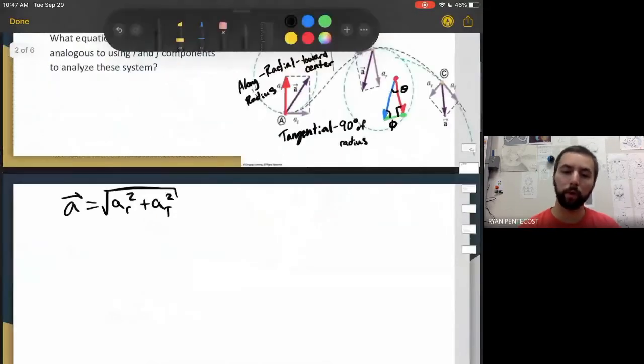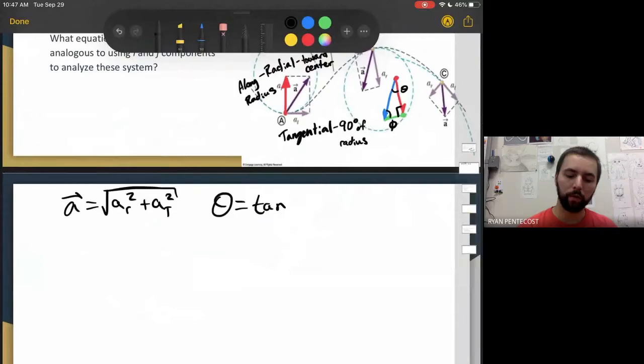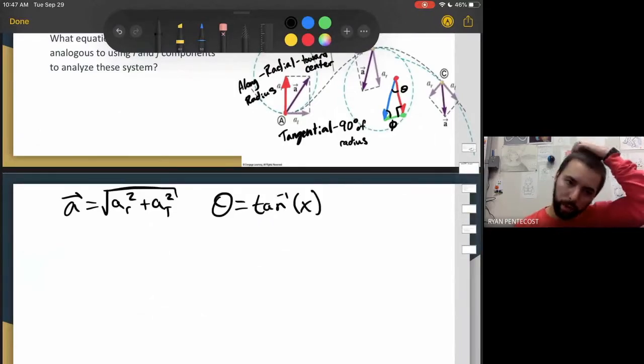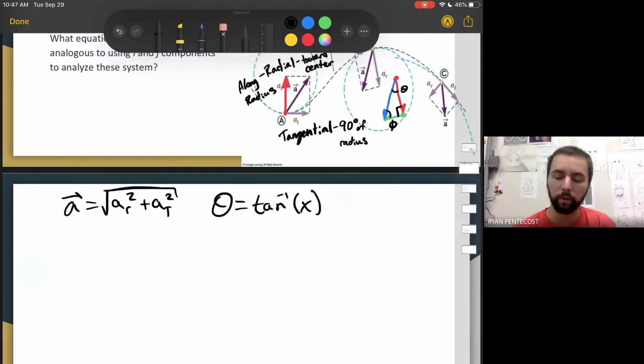Most importantly, you can use theta equals the inverse tangent of some ratio, right? Where that ratio goes is going to depend on the triangle that you're drawing, if I drew that a little differently, or we looked at theta instead of phi, or phi instead of theta.